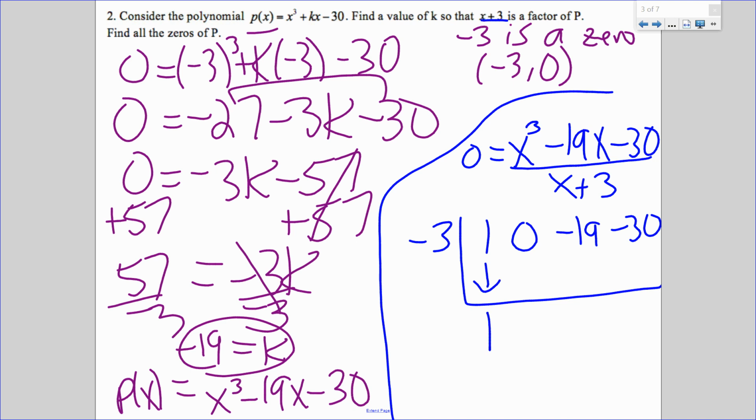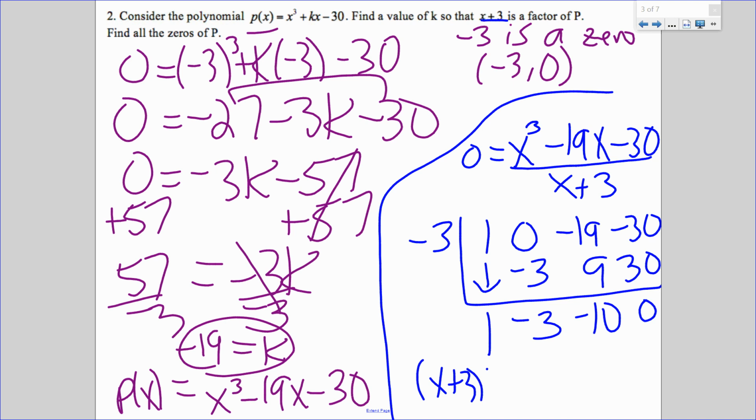First number comes down, multiply, add. Multiply, add, multiply, add. The remainder should always be 0 when you do this because I know that it's a factor. So I end up with x plus 3 times x squared minus 3x minus 10 equals 0.